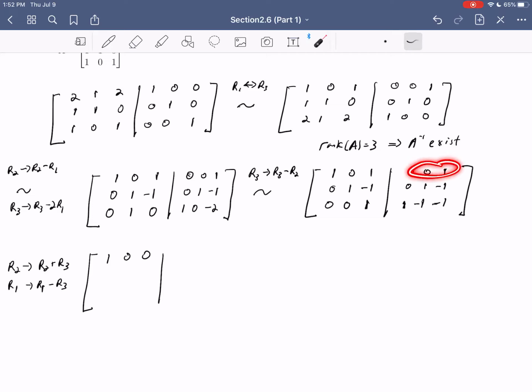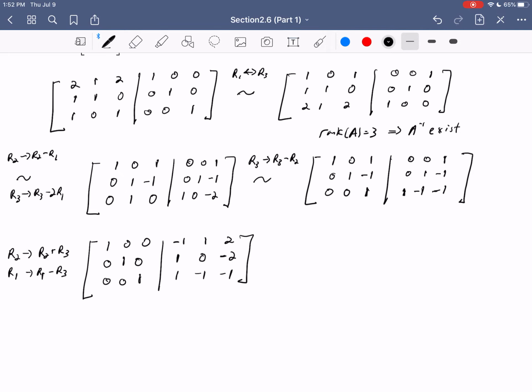And then we're taking this row and subtracting here, so it looks like we're going to get minus 1, 1, and then 1 minus negative 1, so 2. Then we're adding this row onto here, so we're getting 0, 1, 0, and then 1, 0, and negative 2. And then we didn't do anything to our third row, so 0, 0, 1, 1, negative 1, negative 1.